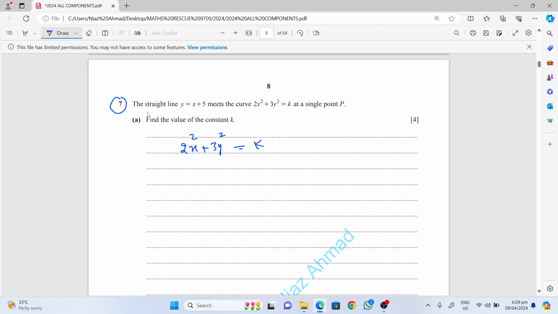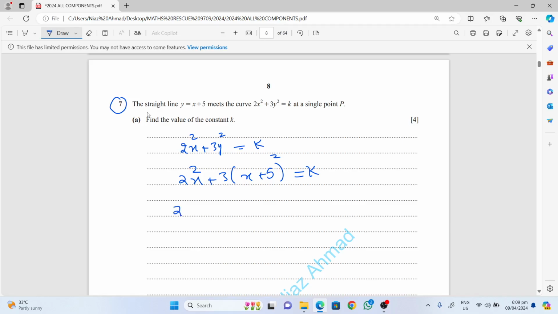But y is x plus 5. I'm going to substitute the value for y in the equation. The y is (x plus 5) whole square, and that is equal to k.